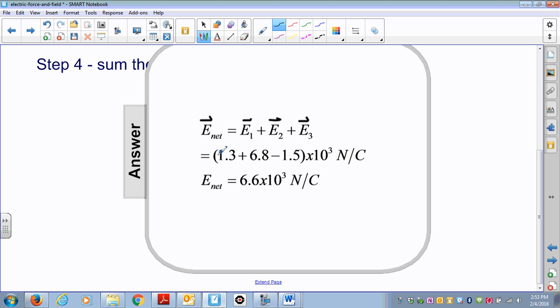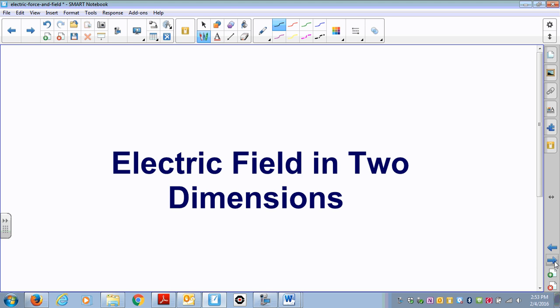This is going east, so we put a plus sign. This is going west. That's minus. And so our net answer is going to be plus 6.6 times 10 to the 3 newtons per coulomb. This tells us that the electric field is going east. In the next video, we'll talk about electric fields in 2 dimensions.